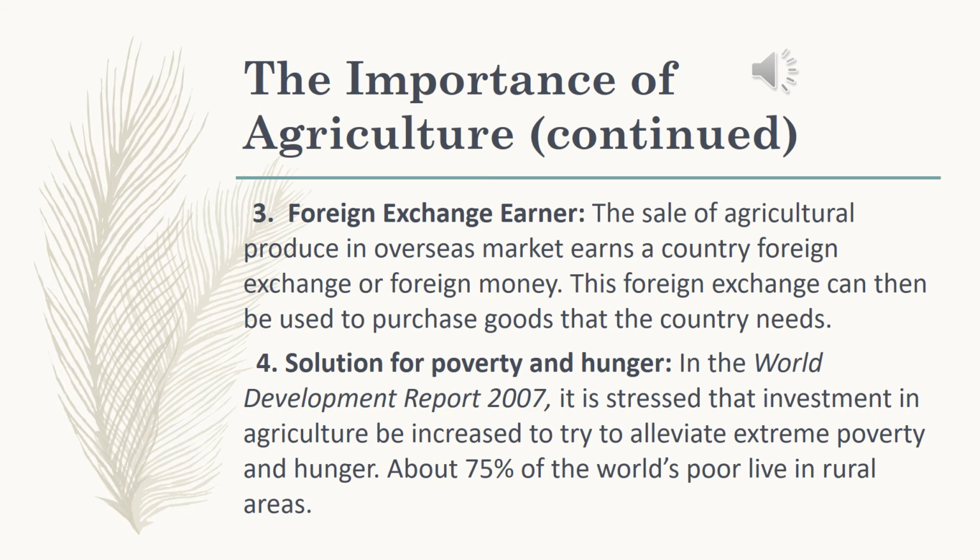Number 4. Solution for poverty and hunger. In the World Development Report 2007, it is stressed that investment in agriculture be increased to try to alleviate extreme poverty and hunger. About 75% of the world's poor live in rural areas in developing countries and are heavily reliant on agriculture.